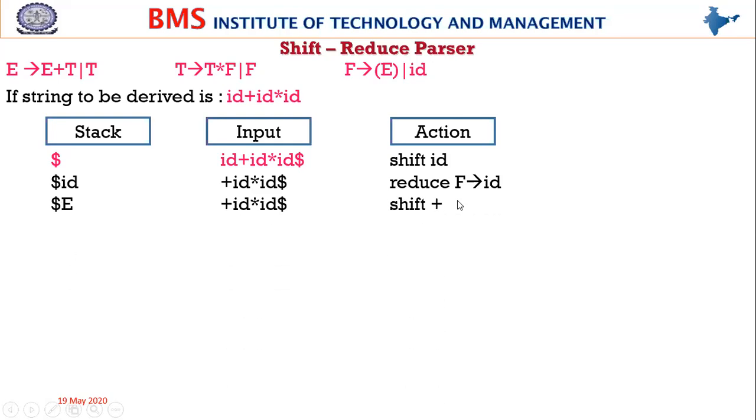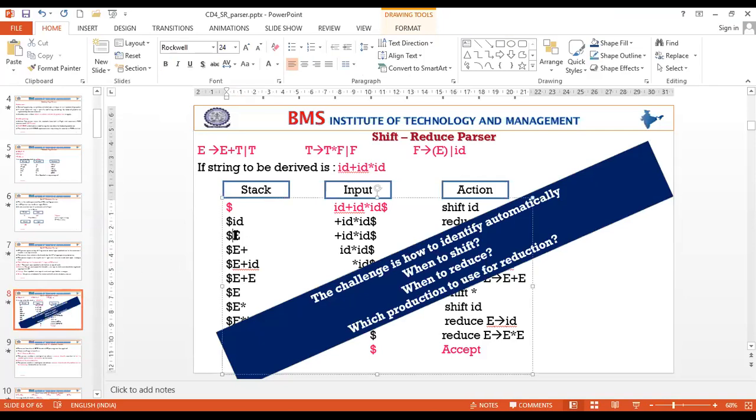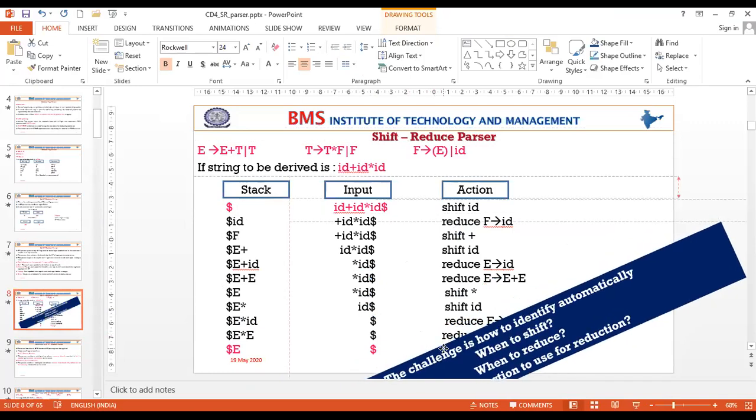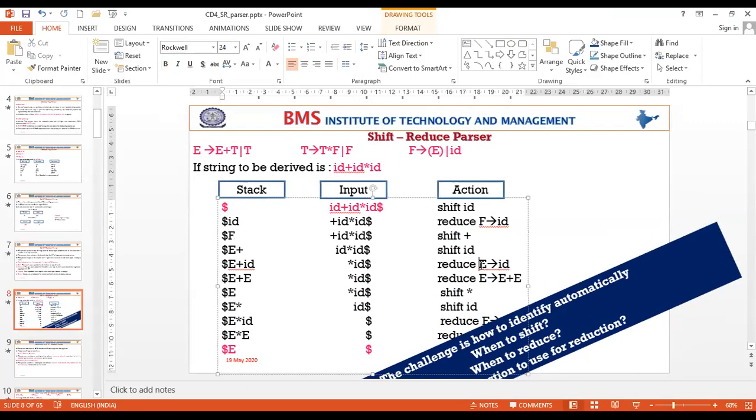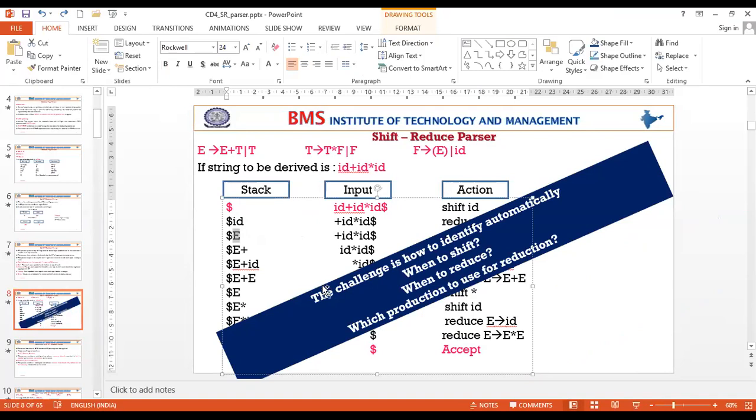Okay. Sorry, here again E has come. Okay, 1 second. Be there. Here are many places we have made a mistake. Reduces ID. Oh no, it's correct actually. 1 second.